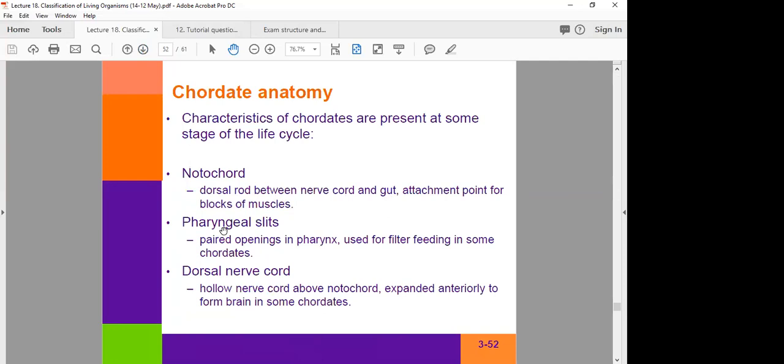The presence of pharyngeal slits at some stage in development. These are paired openings in the pharynx, and they evolve into quite different structures. For example, pharyngeal slits in fish evolve into gills, that are used for gas exchange, but pharyngeal slits in humans actually develop into something very different.